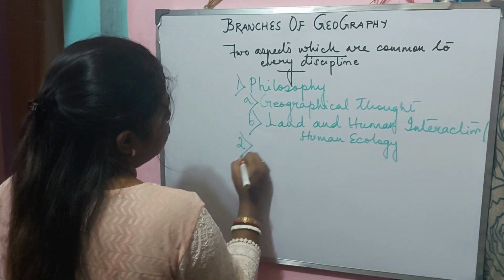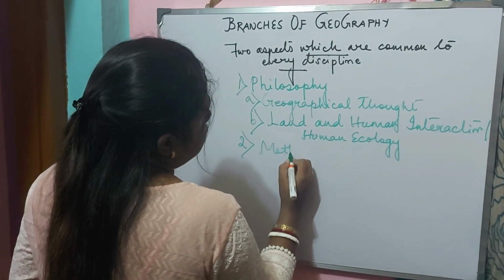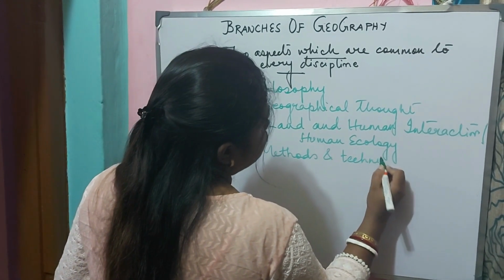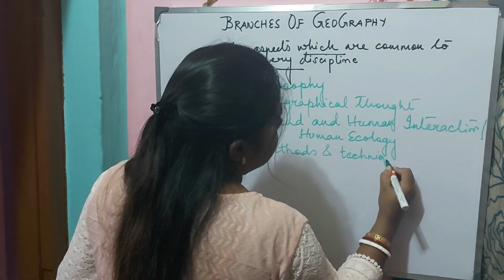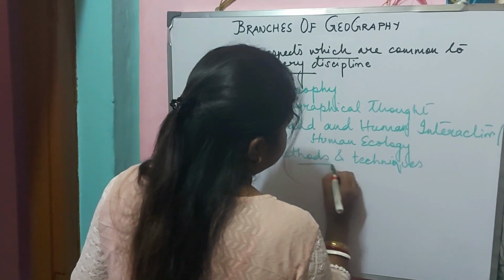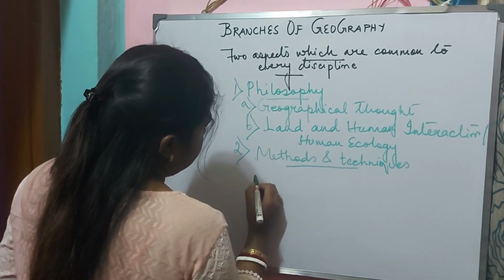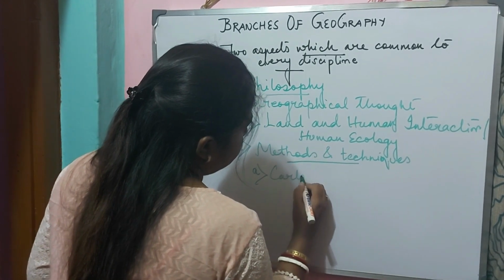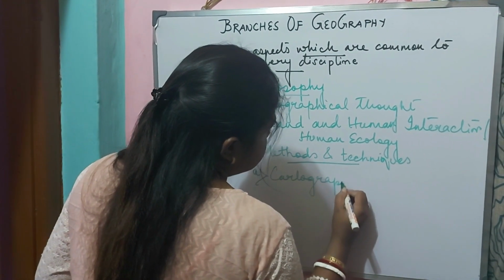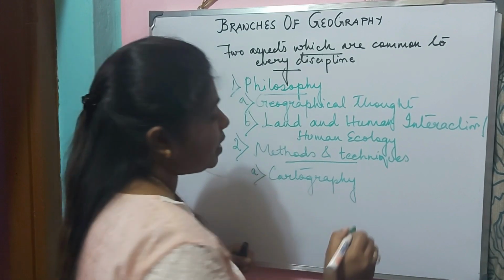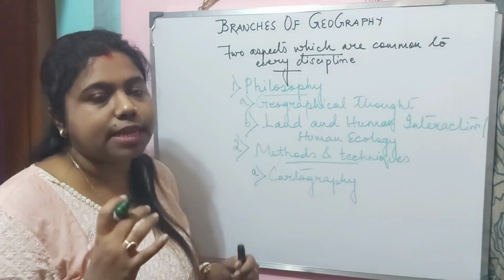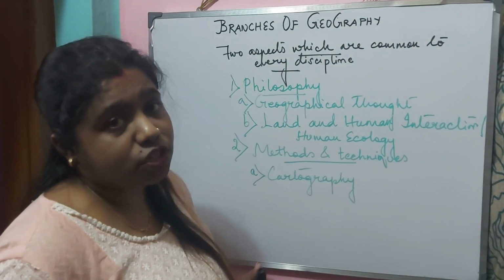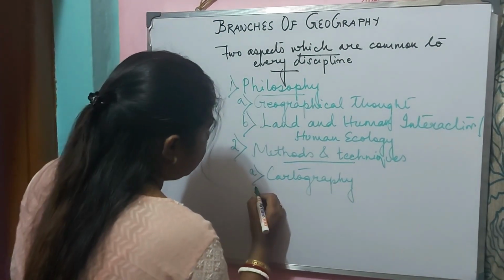And the second, which is very important, is methods and techniques. Geography is related to methods and techniques. First one, cartography. Cartography means the art of making maps, right? The art or science of making maps, and we know geography is related with cartography.